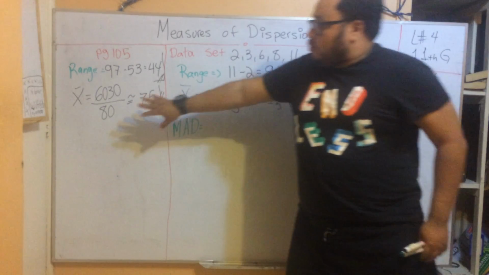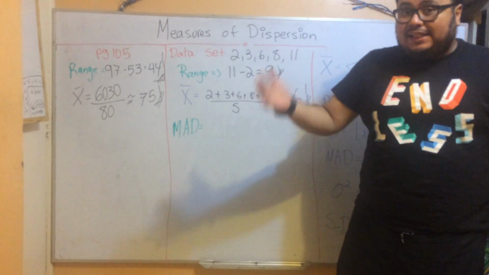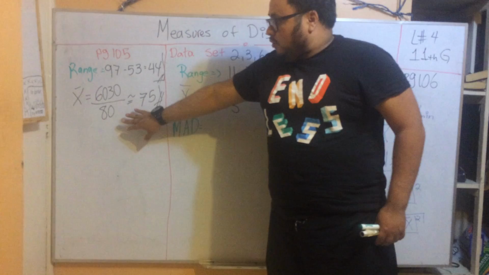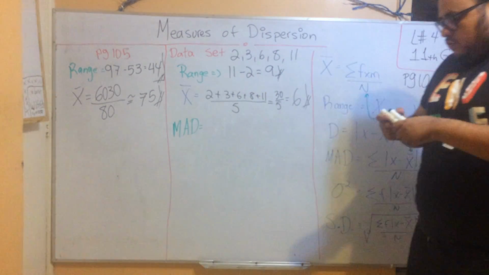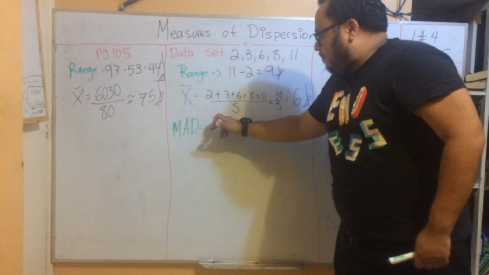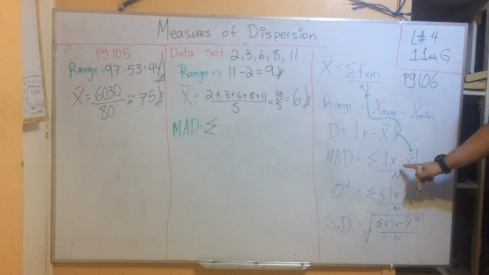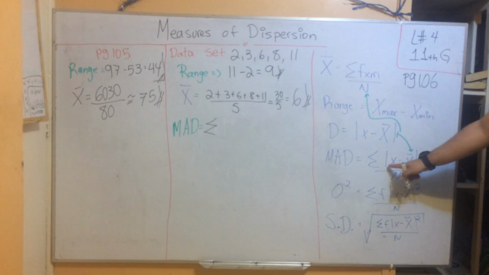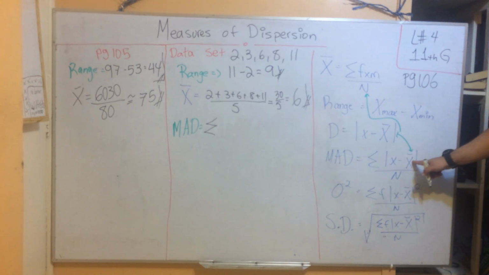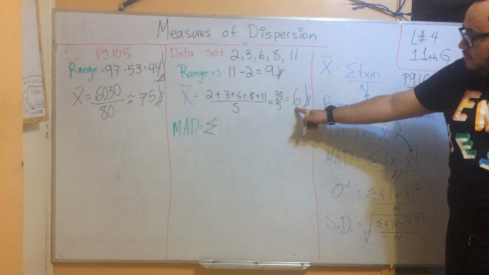When we have a group of data already in classes, that's a little bit different. But here, all we need to do is the sum, remember that this symbol is the sum, of the number of data minus the mean, and we know that the mean is 6.